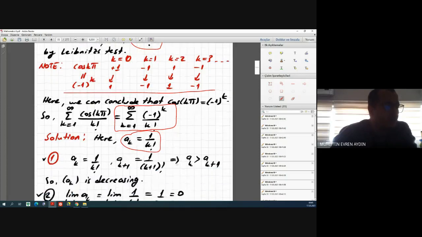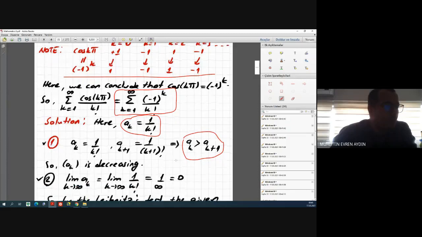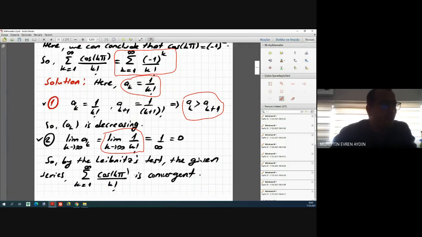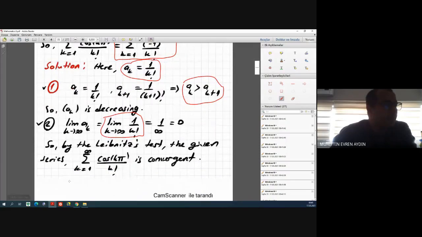Clearly the terms are decreasing, and obviously this limit is equal to 0, which means that the conditions of the Leibniz test hold, and that's why the given series is convergent.